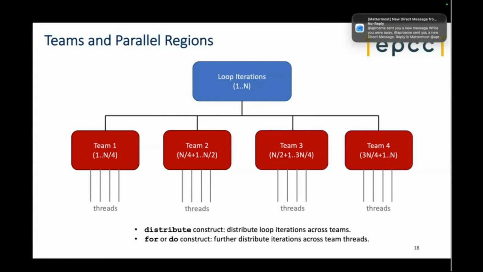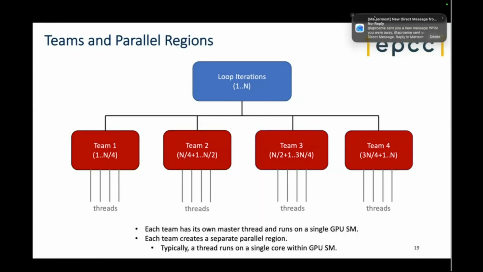So in this case, we have 4 teams. The first team takes the first n divided by 4 elements. Then the second team takes the following chunk of n divided by 4 elements in the loop, and so on, until we cover all of them.